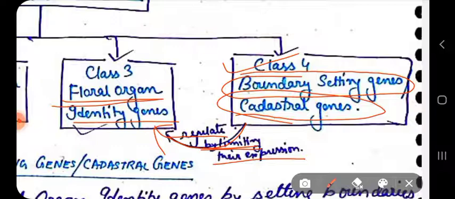Now, one of the typical examples of this class 4 boundary setting gene is the SUP gene. The SUP gene has a simple name, the Superman gene.